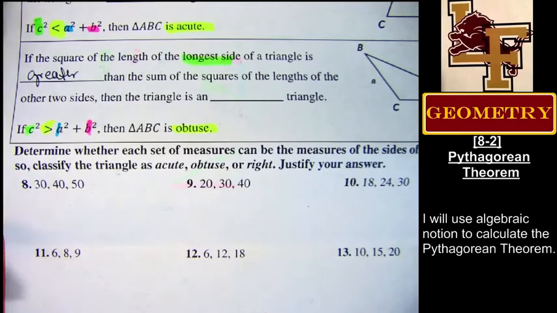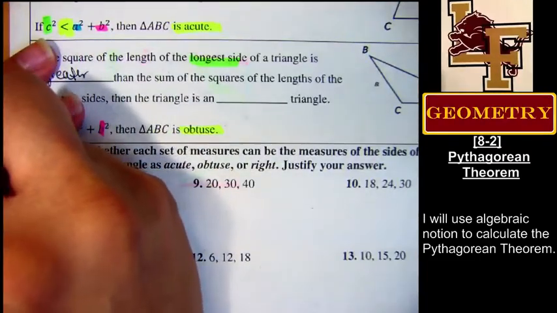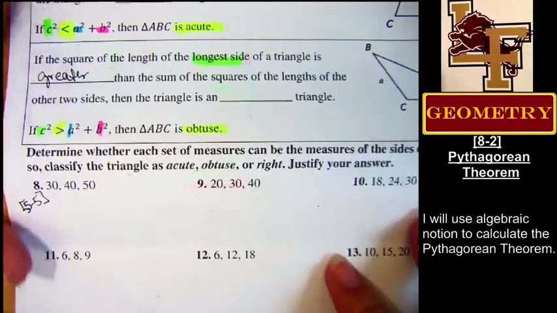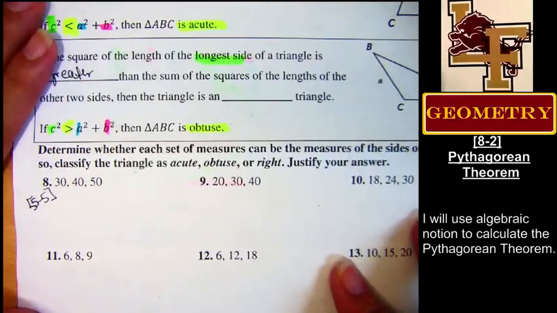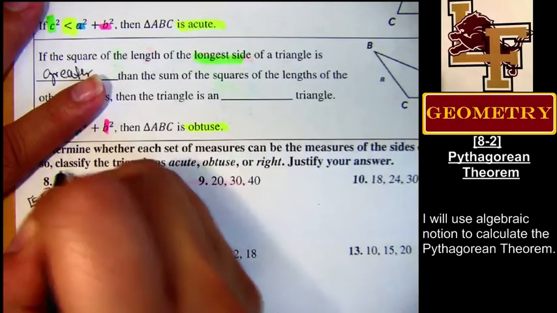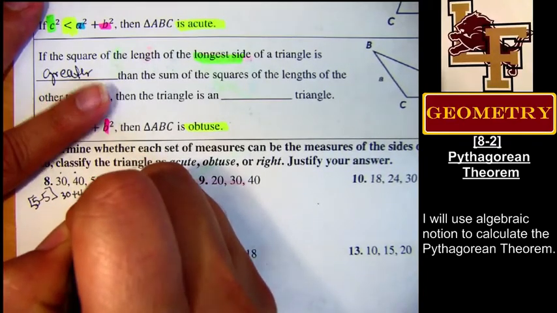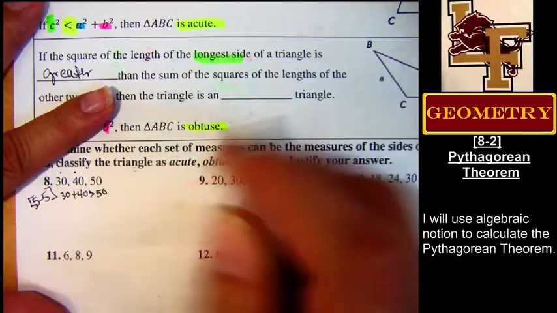So back in section 5.5, we talked about determining whether something was a triangle or not. We had to add up the measures of sides, this one plus this one, and check to see that it was bigger than the other.